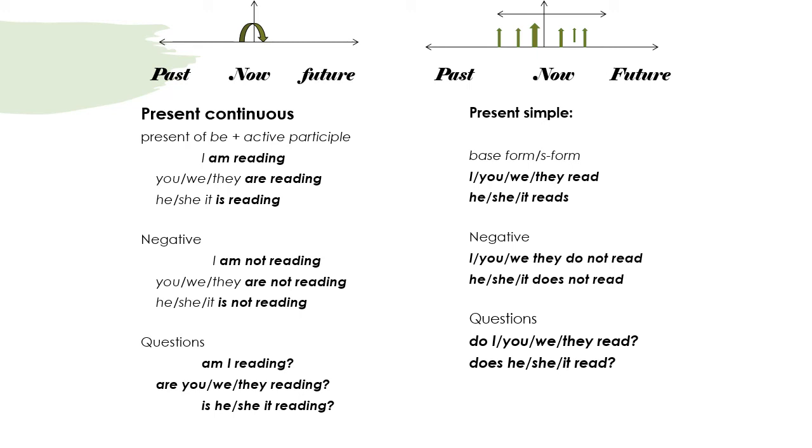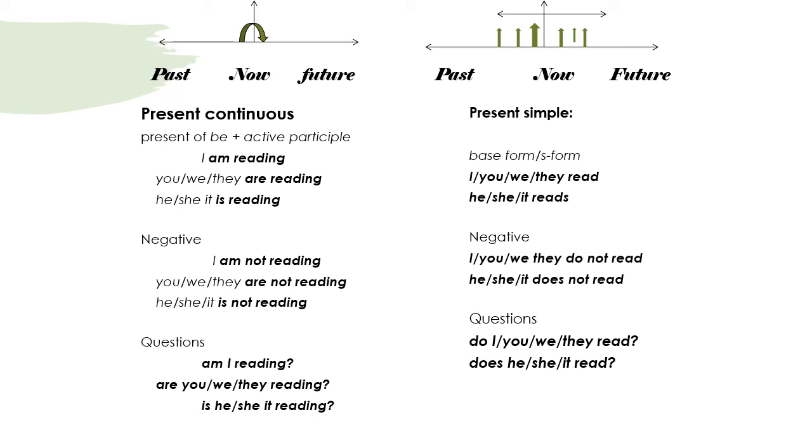In the case of the present continuous, the action is only happening now, at the point of time of speaking. So here it is formed by using an auxiliary verb related to the verb be, like am, is or are, before the present participle or the ing form of the verb.